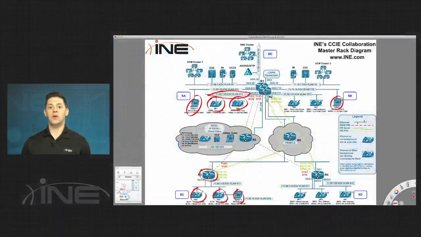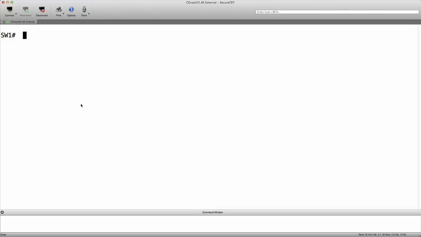So if I were to do a show VLAN brief right now, we wouldn't see VLAN 50 unless I had previously created it. We won't see it until I actually type exit, and then we'll see that VLAN created. So again, not something that should cause you too much trouble, but every once in a while it can hang you up if you're on your last VLAN creation.